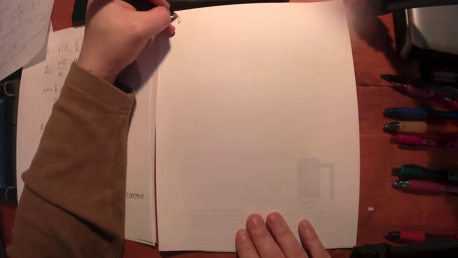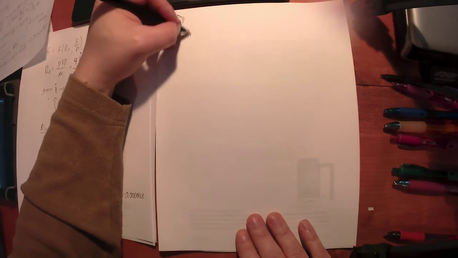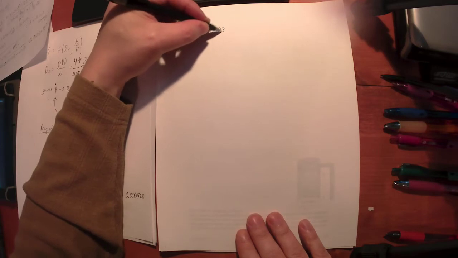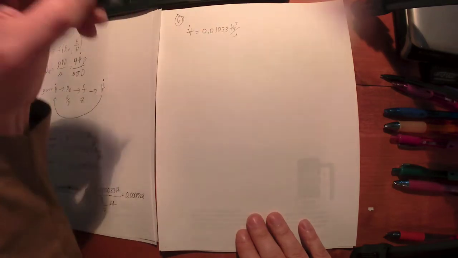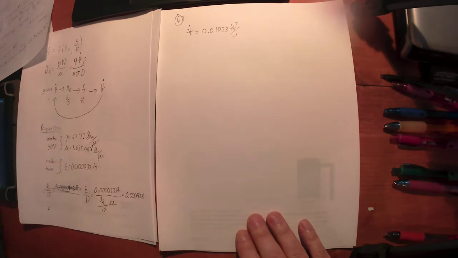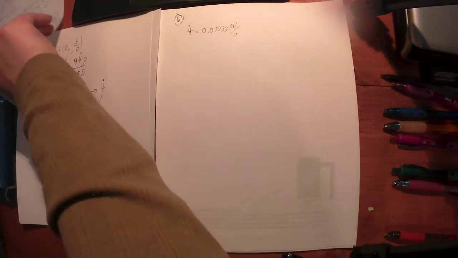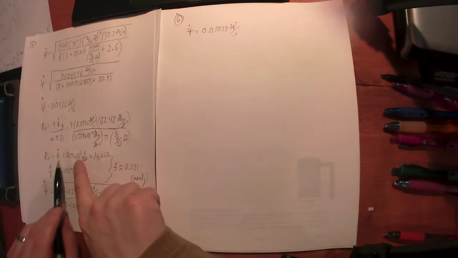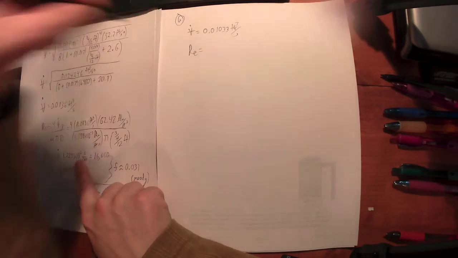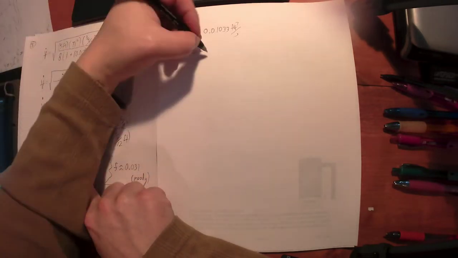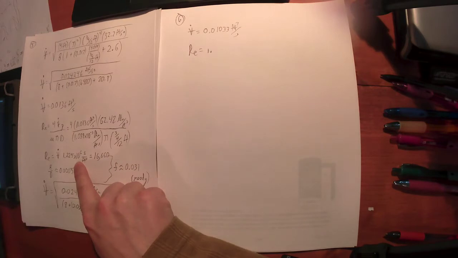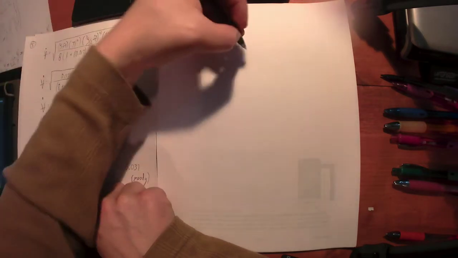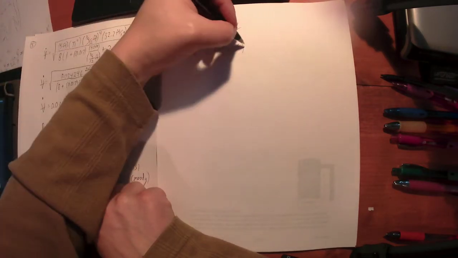Page 6 says that if I've got v dot equal to 0.01033 cubic feet per second, if that's the case, then my Reynolds number, I've simplified it down to where I can say this: 1.225 times 10 to the 6 multiplied by my v dot.